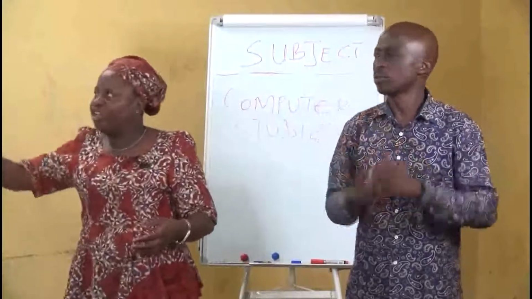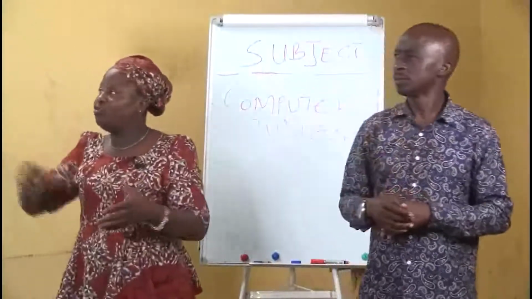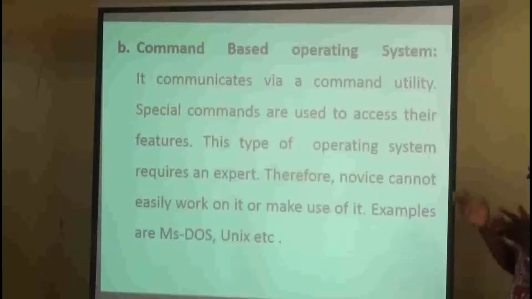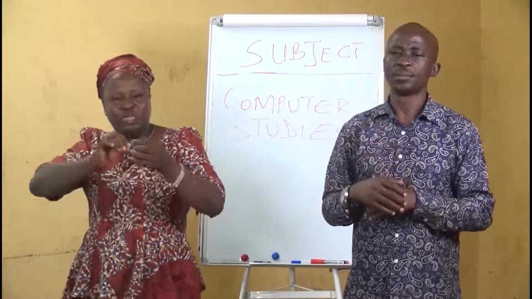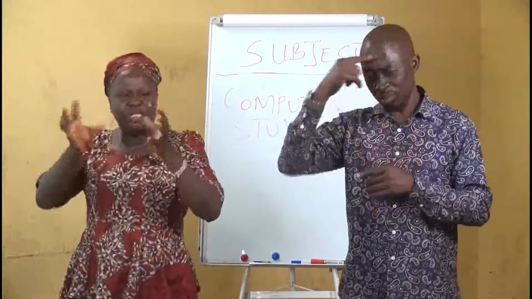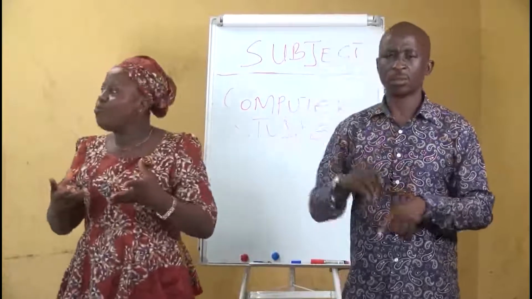Now, let's go to the next type of operating system that we have. We have a command-based operating system. When you look at a command-based operating system, it's black in color. The screen is black, but it involves commands.